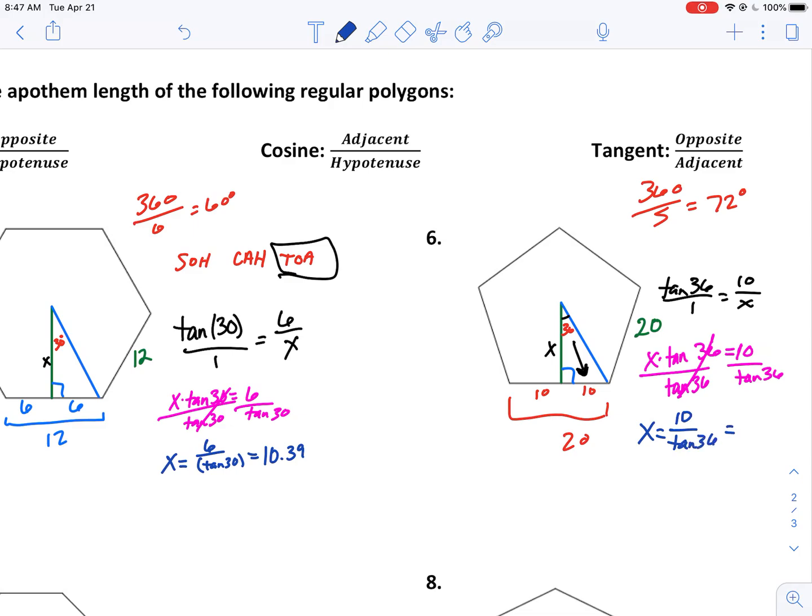So I will take 10 divided by the tangent of 36, and I'll get 13.76.